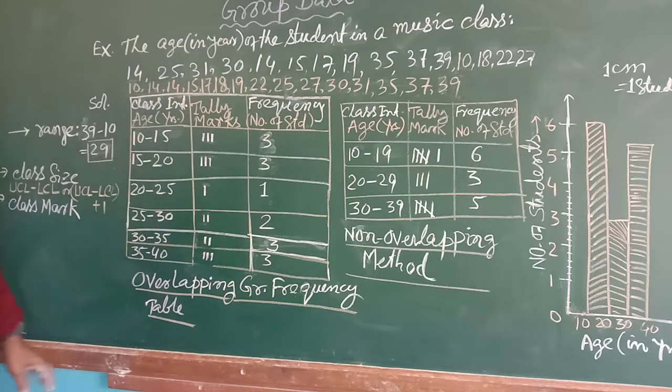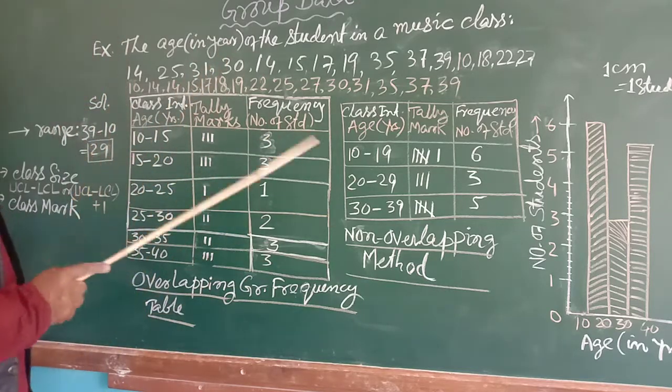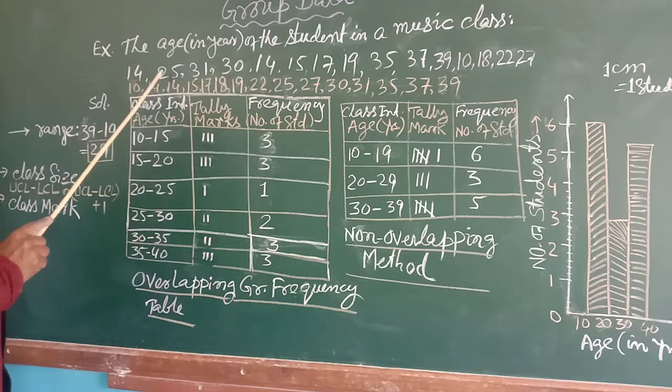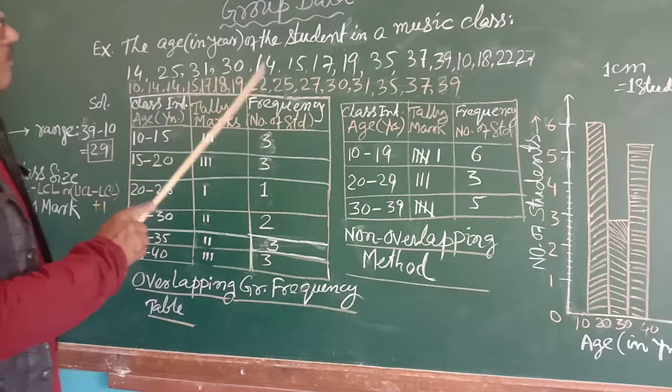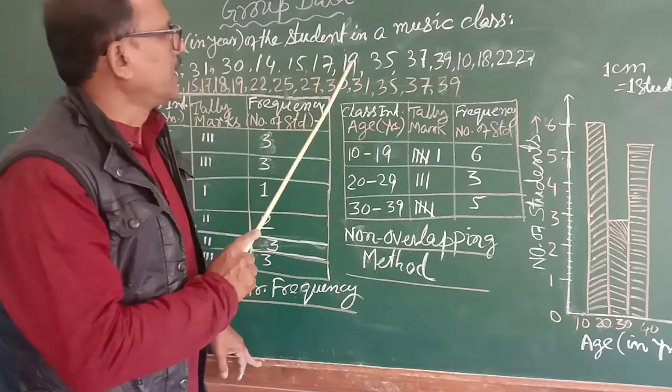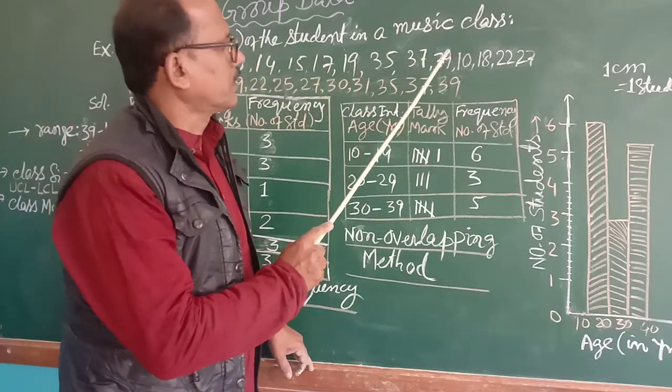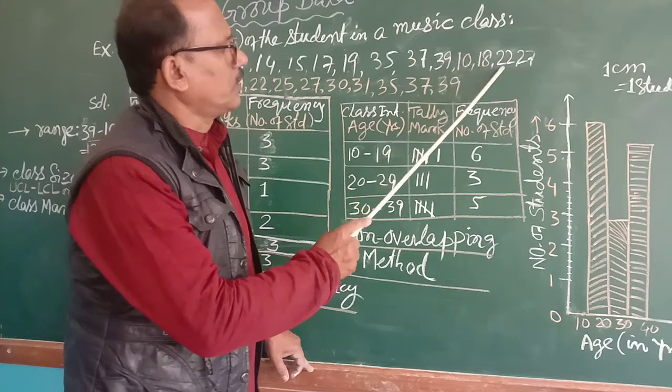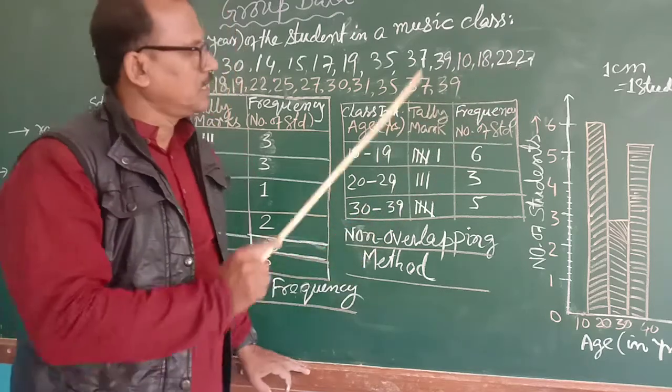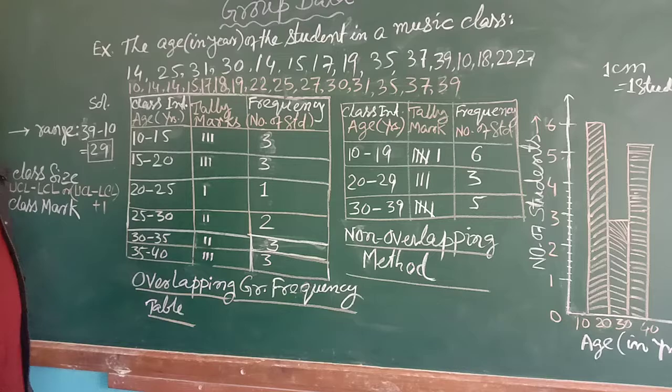Of the 15 students in that class, the ages are 14 years, 25 years, 31 years, 30 years, 14 years, 15 years, 17 years, 19 years, 35 years, 37 years, 39 years, 10 years, 18 years, 22 years, and 27 years. These are the 15 students of different age groups.